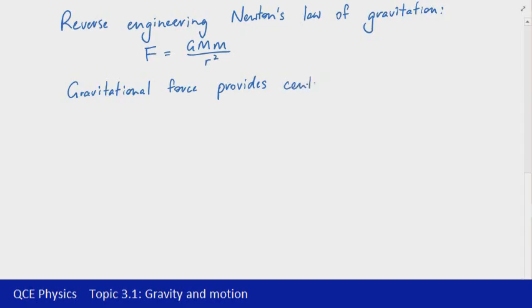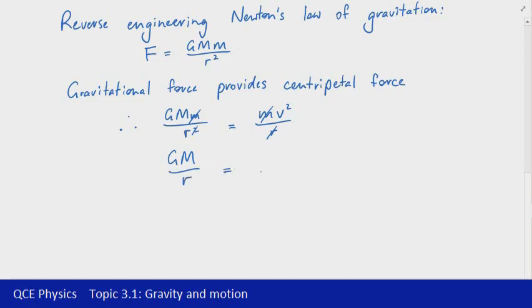And so if you recall the equation for centripetal force being m v squared on r, we can therefore say that G capital M lowercase m on r squared is equal to m v squared on r. Now, a couple of videos ago, I went through and we figured out what the velocity was. We can do a similar sort of thing here again. So cancel both m's, cancel the r on the right hand side and the squared on the left, and we end up with G M on r is equal to v squared.